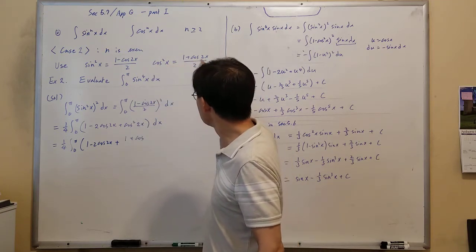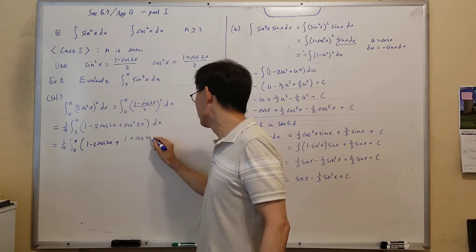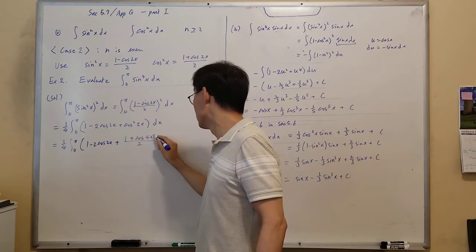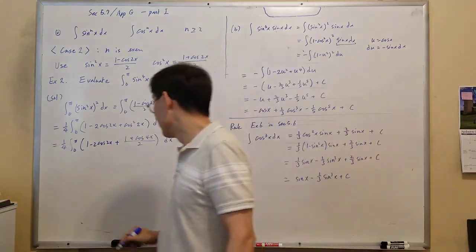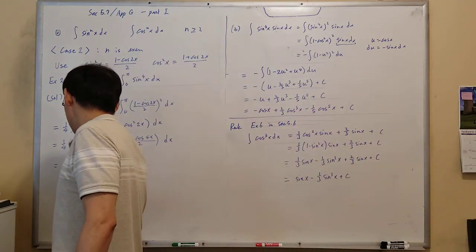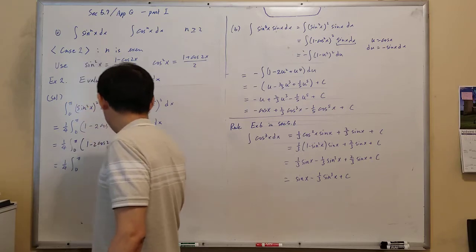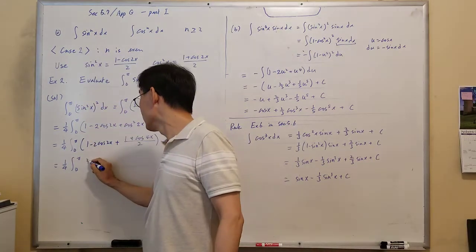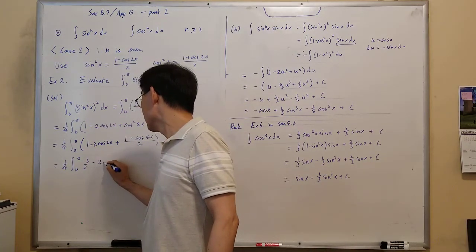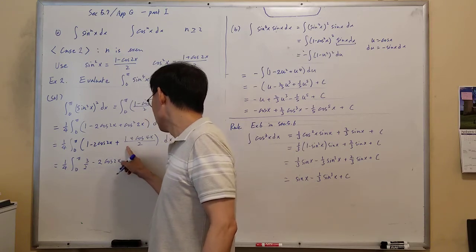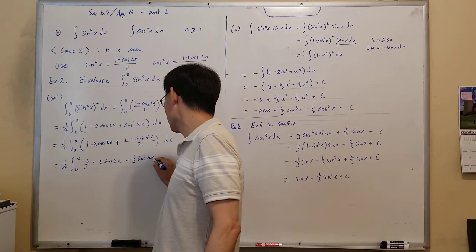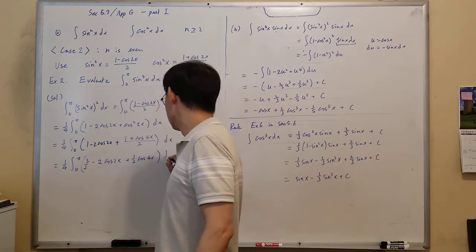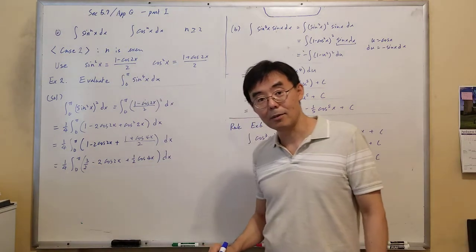If you have a 2x, this must be 4x, doubling, 4x over 2 dx. Then what do you have? 1 over 4, 1/2 plus 1, 3 over 2, minus 2 cosine of 2x, and 1/2 of cosine of 4x dx. Okay?